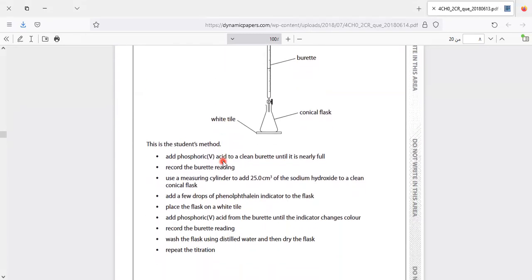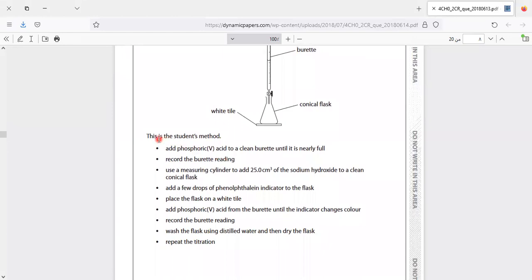What did she do exactly? Okay, start. This is the student's method. Add phosphoric acid to a clean burette until it is nearly full. Record the burette reading. Use the measuring cylinder to add 25 centimeter cube of sodium hydroxide to a clean conical flask.